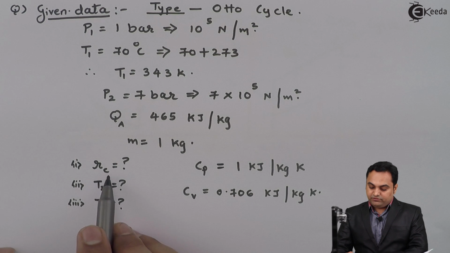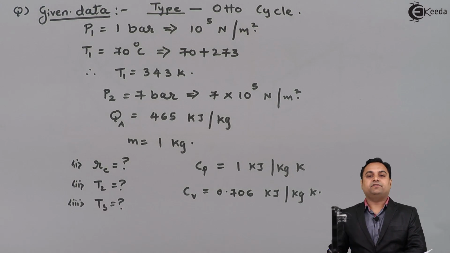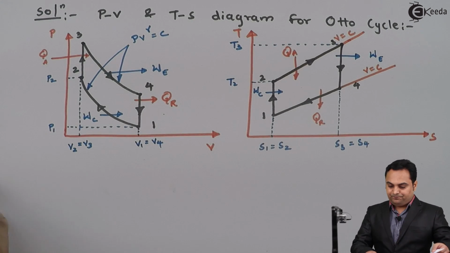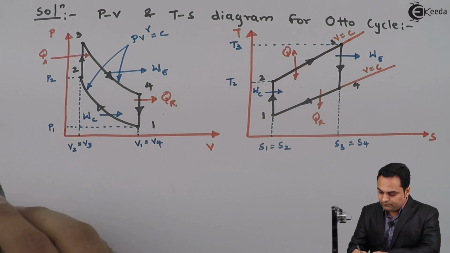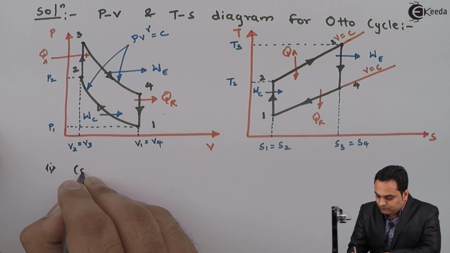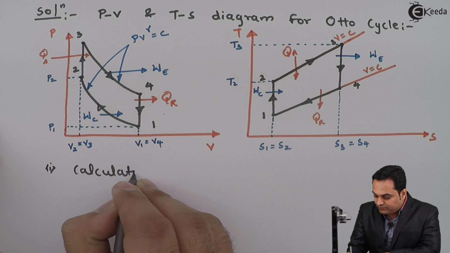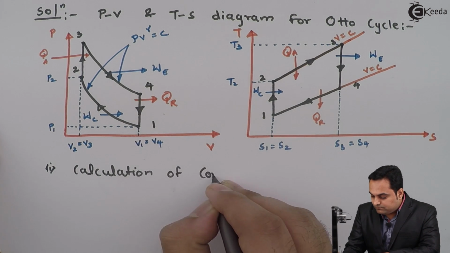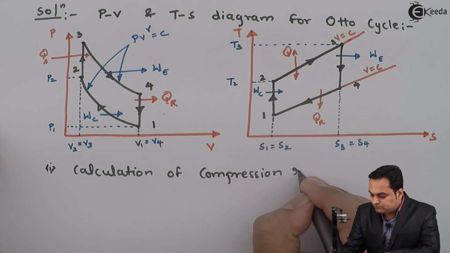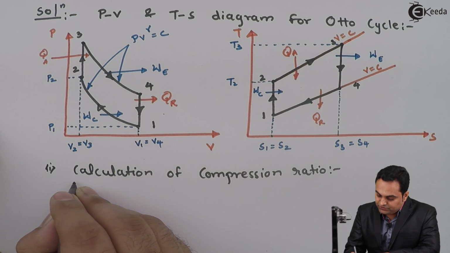So first I'll start with the calculation of RC, which is called the compression ratio.